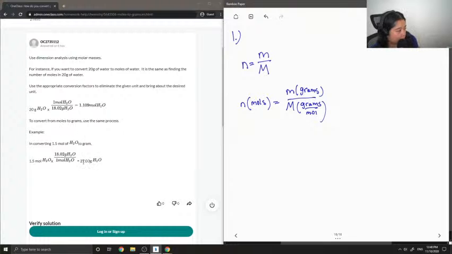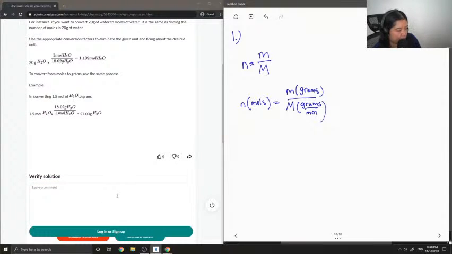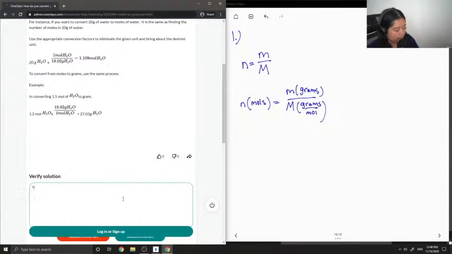So they reversed it. They said converting 1.5 moles of water to grams, you need to multiply by the molar mass, and you end up getting 27.03 grams of water. So we can say that this solution is correct.